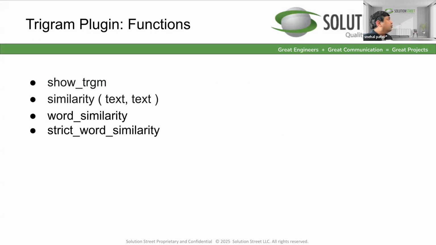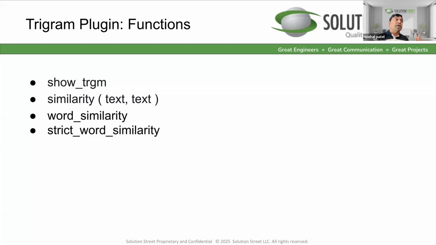For fuzzy search to work, Postgres or the Trigram plugin offers multiple functions. The first one, show trigram, displays the trigram for a given text. The next 3 are for similarity search for different use cases. The first version is for finding a typo or a misspelling when comparing almost equal length strings. The second one is for performing a substring match, so basically a shorter string to be matched against the longer string.